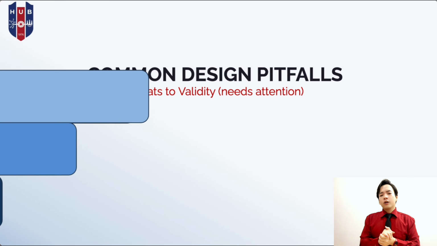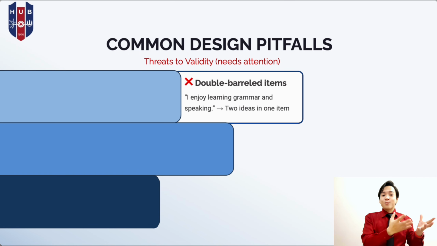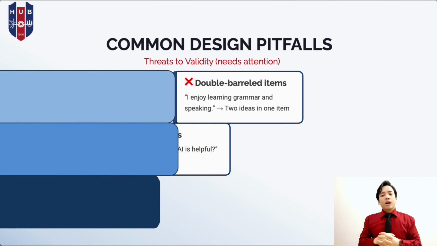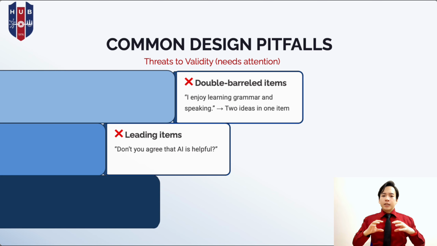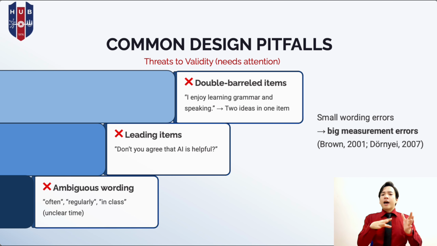Designing a questionnaire may look simple, but there are many pitfalls that can damage validity. A common mistake is asking two things in one item, known as a double-barreled question. Students cannot give a truthful answer if they disagree with one part but agree with the other. Another problem is the leading question.